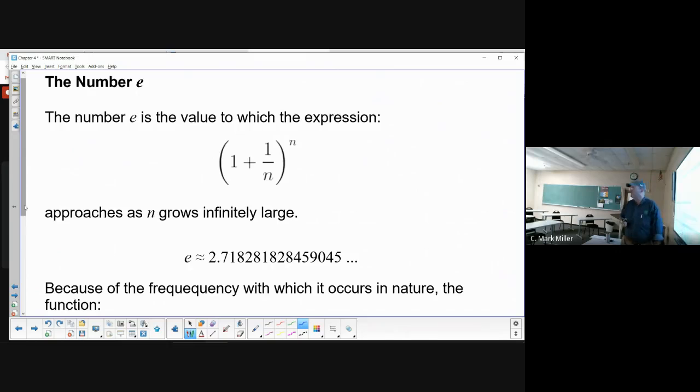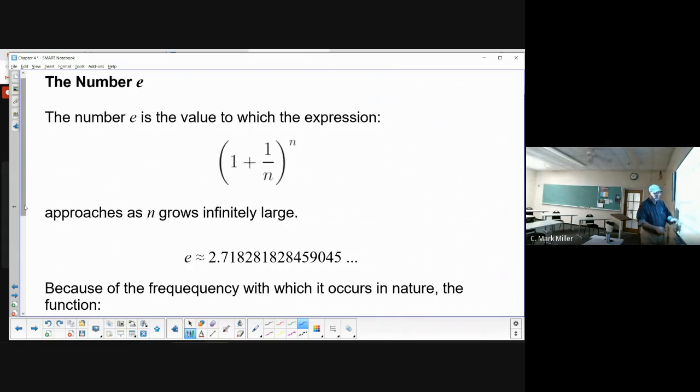This number occurs all over the place in the real world. And for that reason, it's called the base also of the natural logarithms. The base of the natural logarithms. We're going to get into that in the next section. All right? What you got to remember are two things.